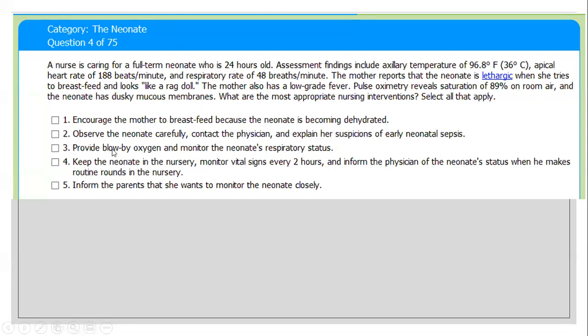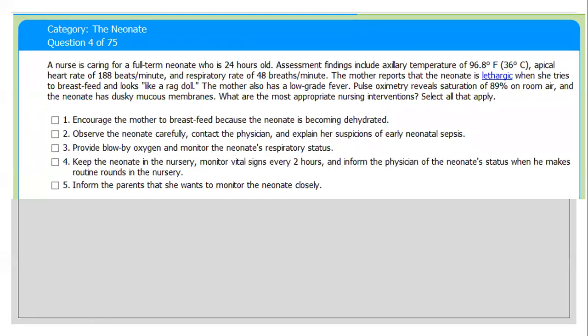Number three, provide blow-by oxygen and monitor the neonate's respiratory status. Number four, keep the neonate in the nursery, monitor vital signs every 2 hours, and inform the physician of the neonate's status when he makes routine rounds in the nursery. Number five, inform the parents that she wants to monitor the neonate closely.